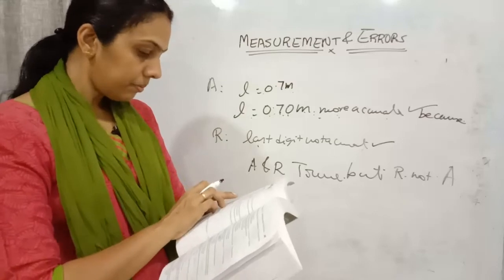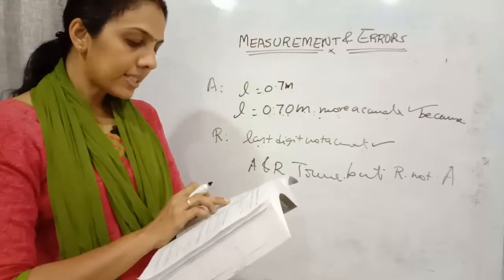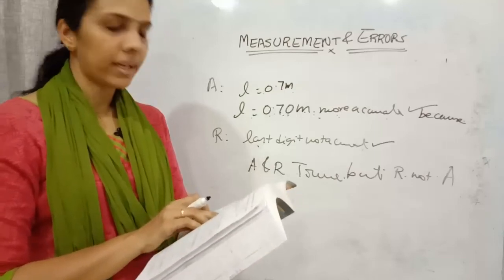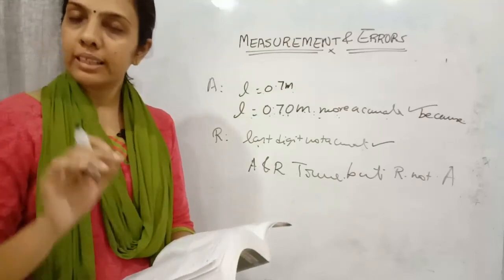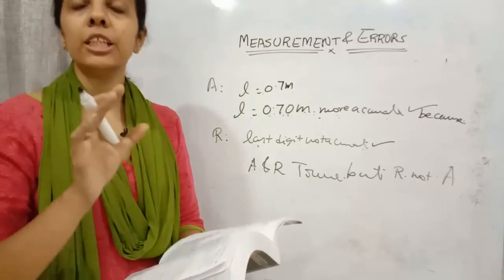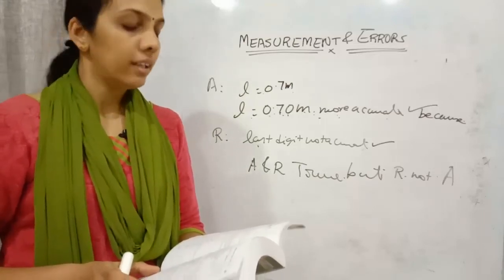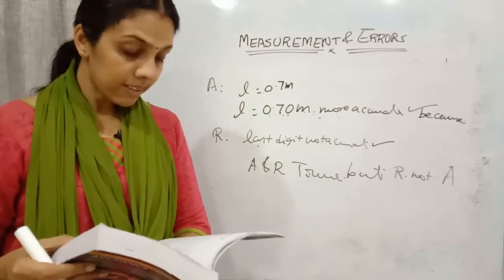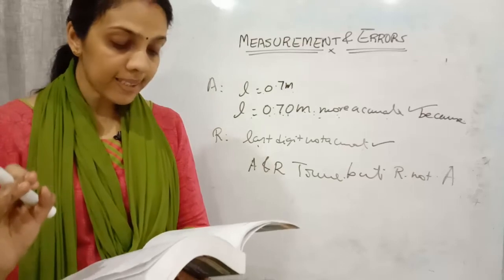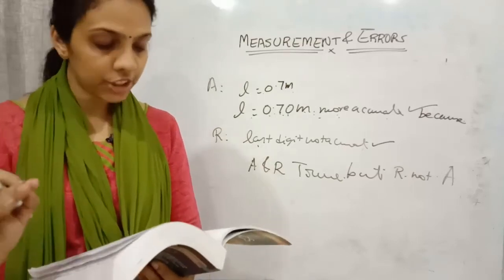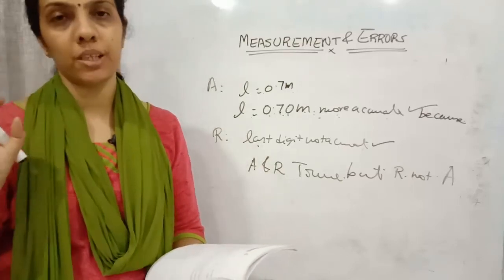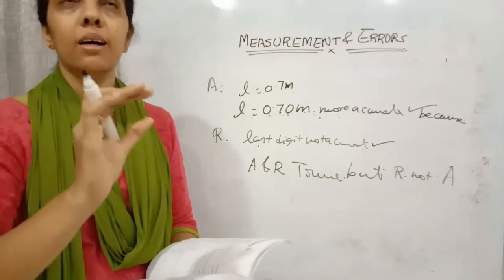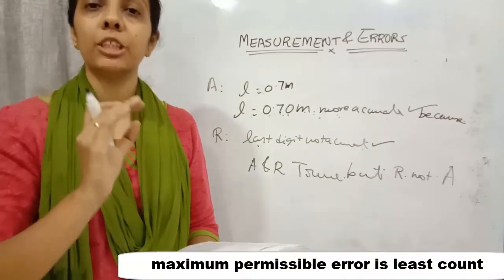Next, least count is the maximum measurement that can be measured accurately by an instrument. Least count is the minimum measurement that we can measure using an instrument. Here the reason says maximum we can measure that many numbers accurately.